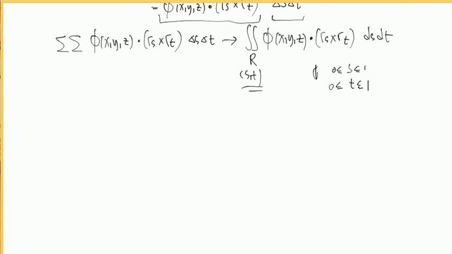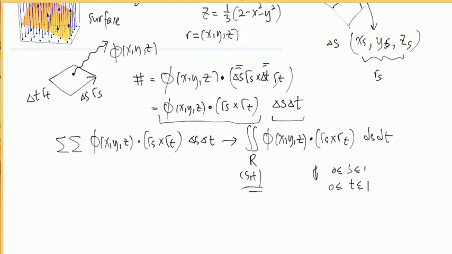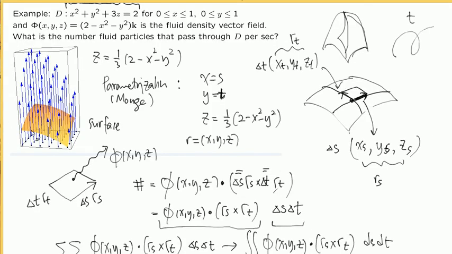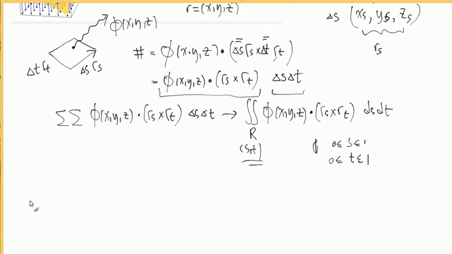Okay, so if you have formulas, we can all plug it in. That's what you're going to do. Now we're going to calculate the total number of particles passing through this surface area, right? Okay, let's do that calculation. S is going from 0 to 1, and T is going from 0 to 1, right? Good.